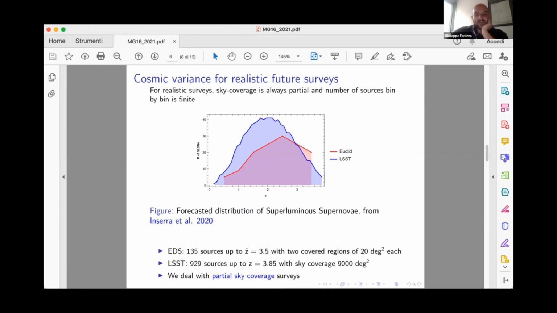And in particular, we can see that for both surveys, Euclid and LSST, we have a sky coverage which can vary a lot among the adopted configurations.